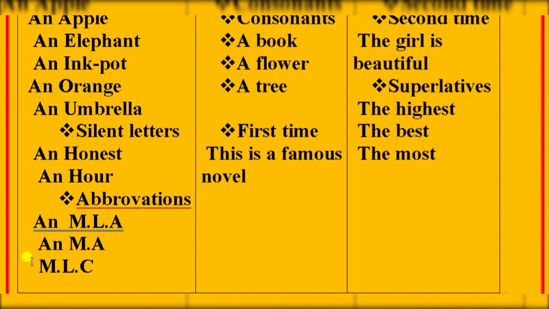And an MLC, an MP, like this. You see, we use an with abbreviations like MLA, MA, MLC, and MP. Okay, right?